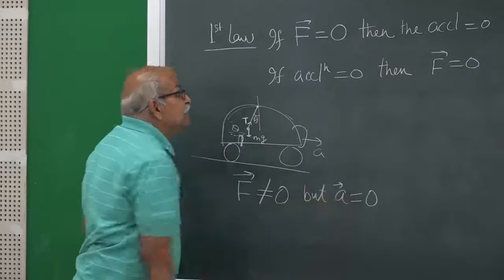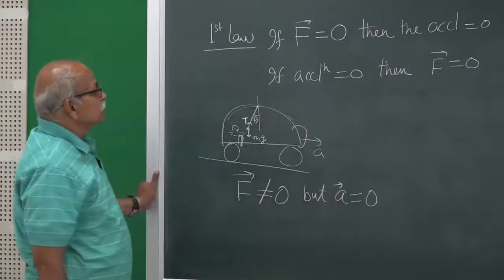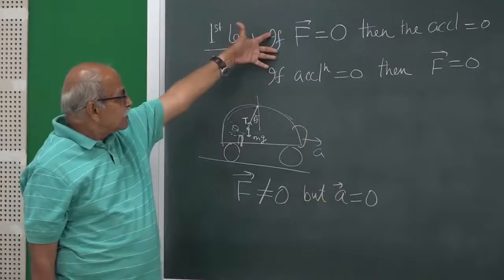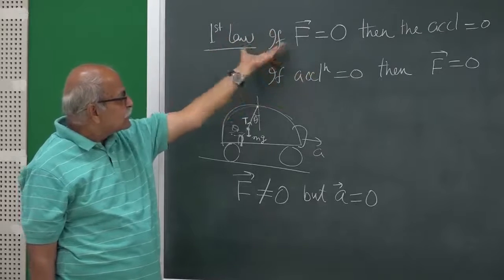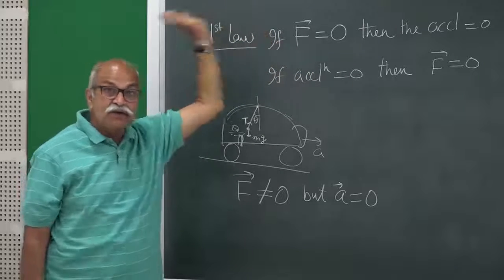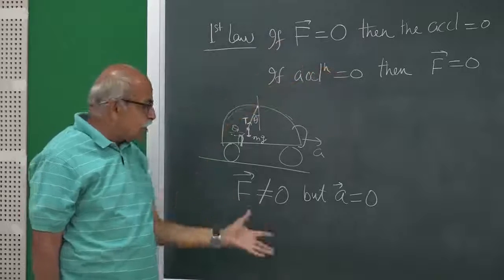So that means this rule, that if force is 0 then the acceleration is 0, and if the force is not 0 then the acceleration is not 0, does not hold here.